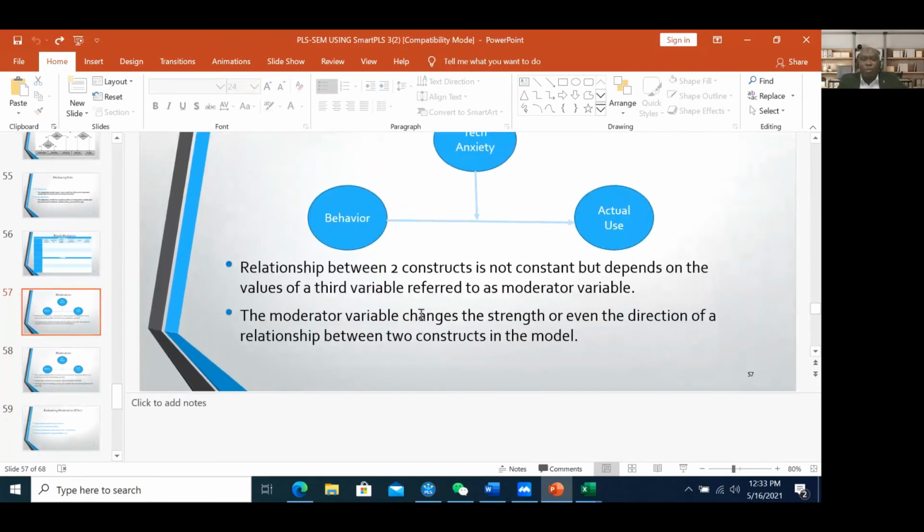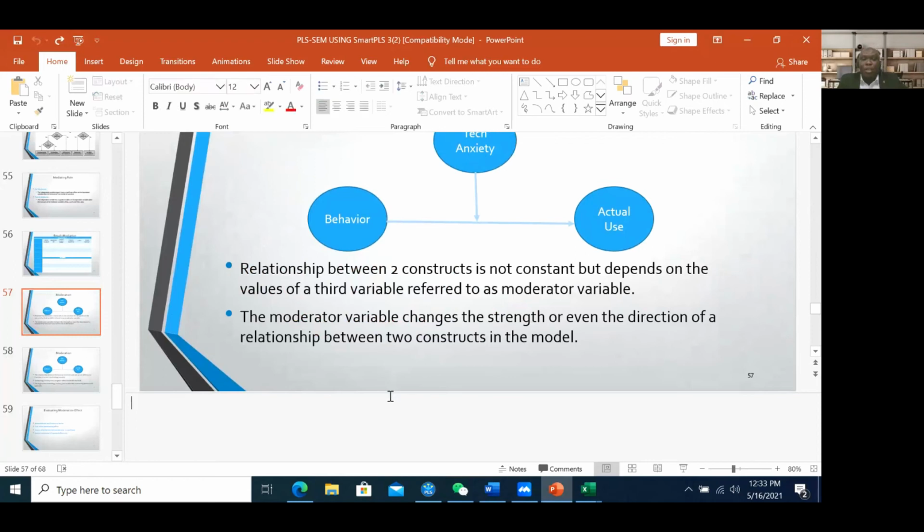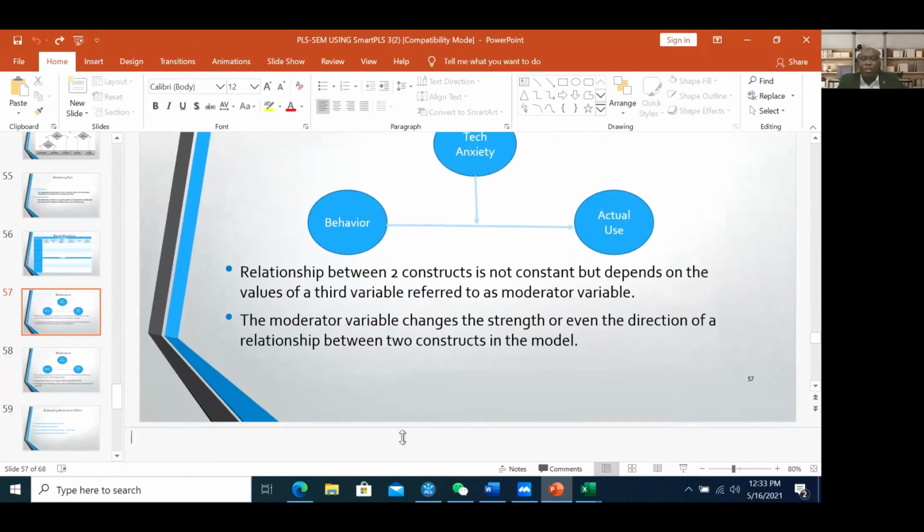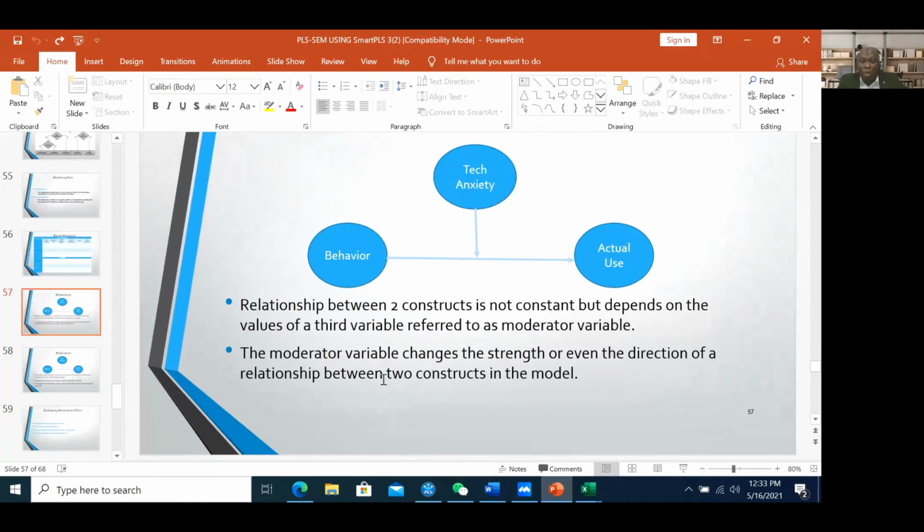The next thing we're going to look at is moderation. We have looked at assessing the measurement model and the structural model. We have looked at mediation. We are now looking at moderation. Moderation happens when the relationship between two constructs is not constant, but depends on the values of a third variable, which is referred to as a moderator variable.